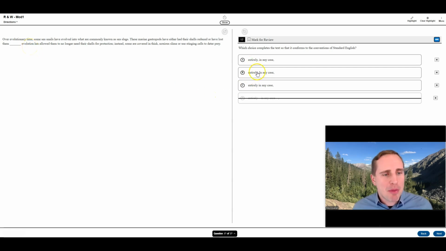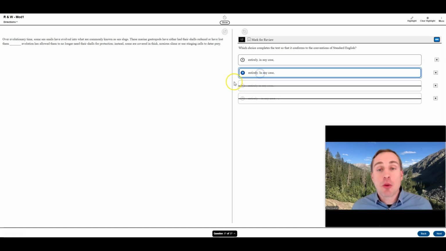We need to have some punctuation there. So it's either entirely in any case with a comma or a period. I'm going to suggest we go with the period, because we could say in any case, comma, evolution has allowed them to no longer need their shells for protection. And then that's a complete idea ending at this semicolon. All right, let us move on.